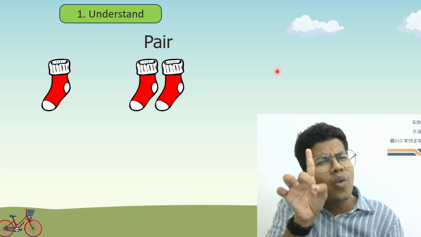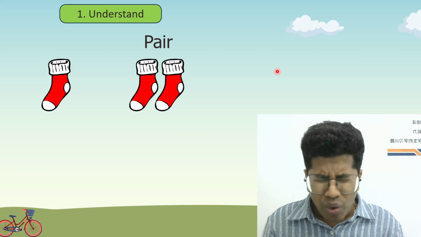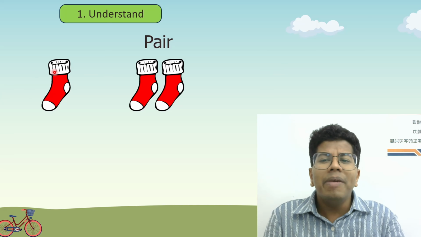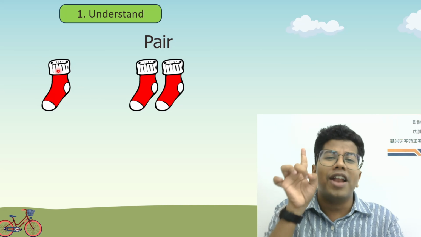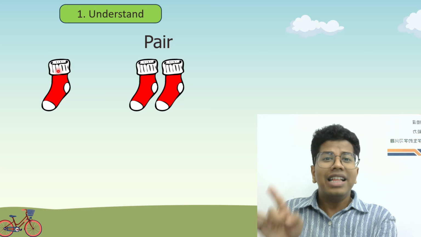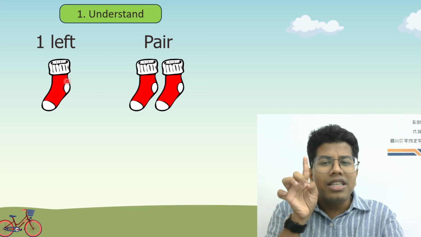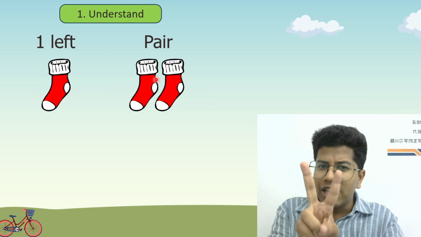But if I have just one sock, can it be called as a pair? No. So in order to ensure I have a pair, how many more socks do I need here? Yes, I need one more sock. So here there is still one left at this part. So this one left is nothing but one sock, and a pair can be termed as two socks.